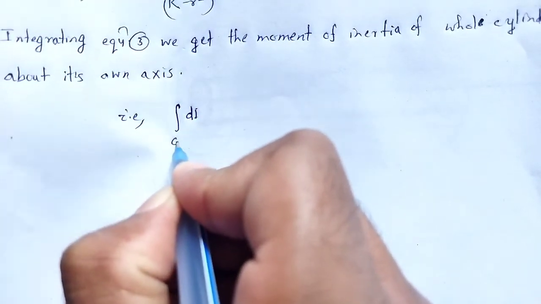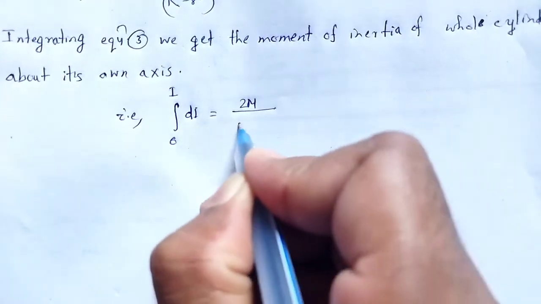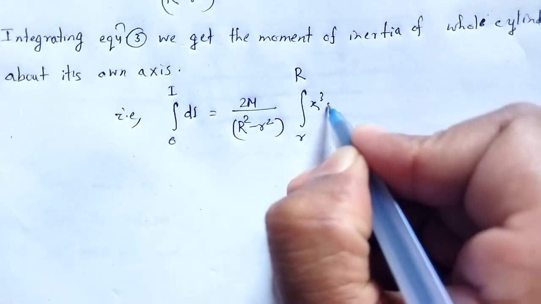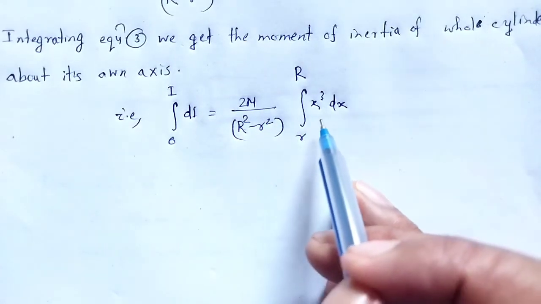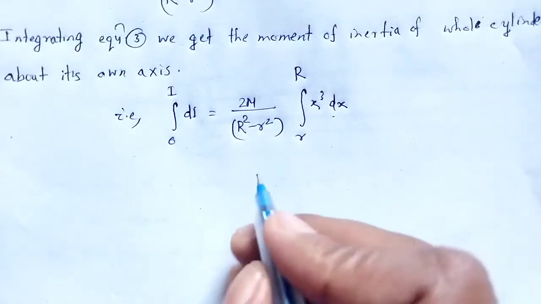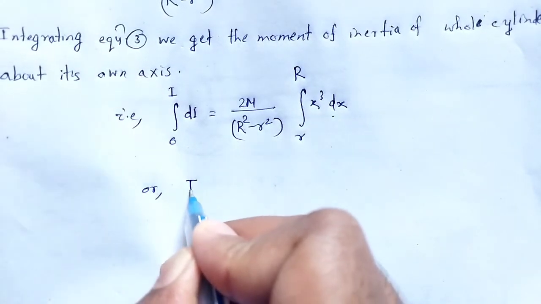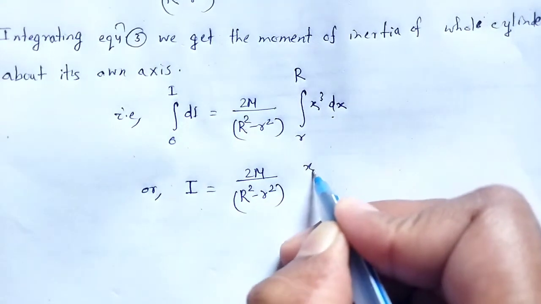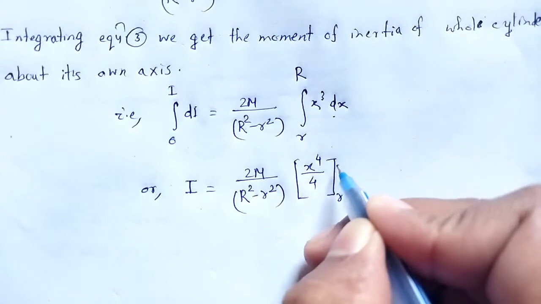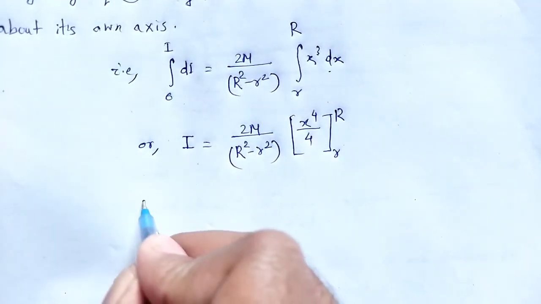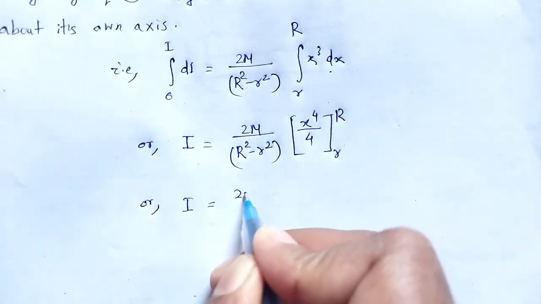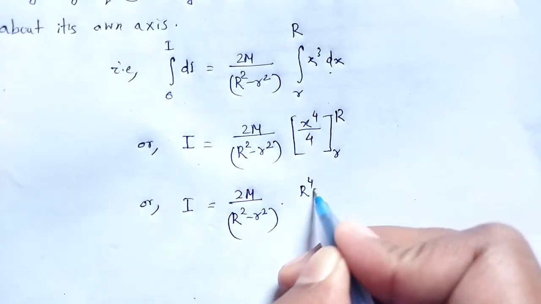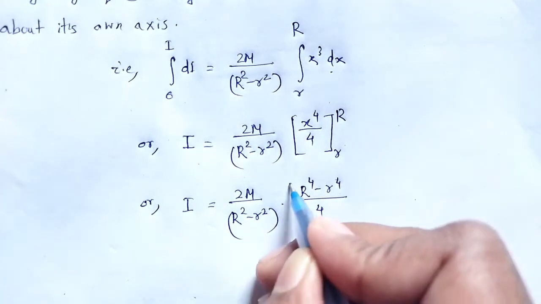That is, the integral of dI from 0 to I is equal to 2m divided by R square minus r square, which is the constant, times the integral of x cube dx, where x changes from small r to capital R. So I is equal to 2m divided by R square minus r square times x fourth by four, from r to R. Or I is equal to 2m divided by R square minus r square times R fourth minus r fourth divided by 4.